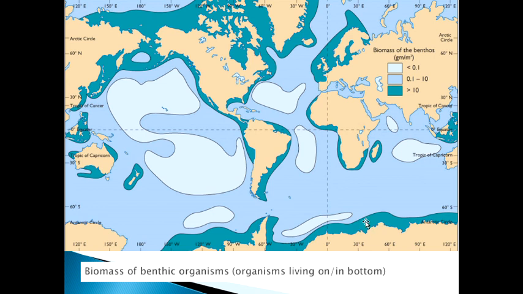So primary productivity is extremely important in the oceans because it forms the base, the starting point of all of these food chains, food webs, food ecosystems, which allow for increase of zooplankton and increase of benthic creatures.